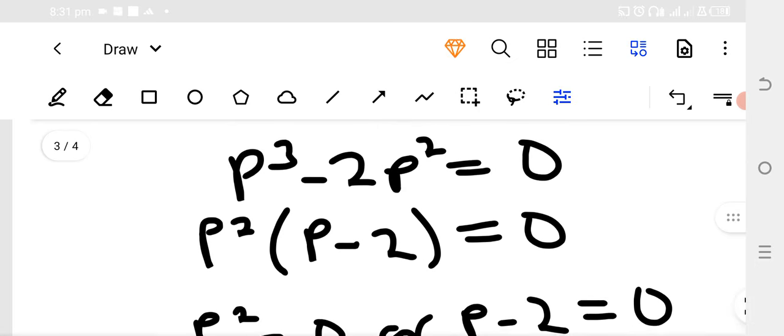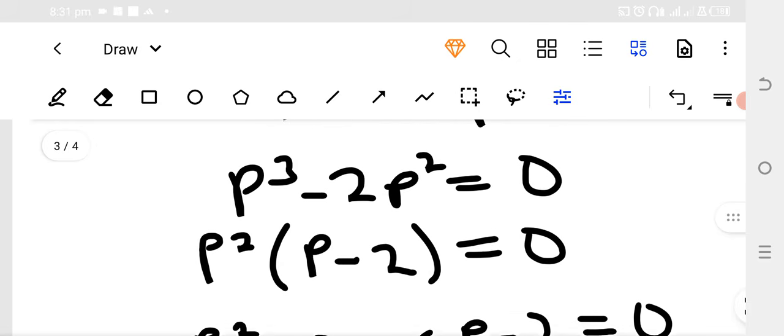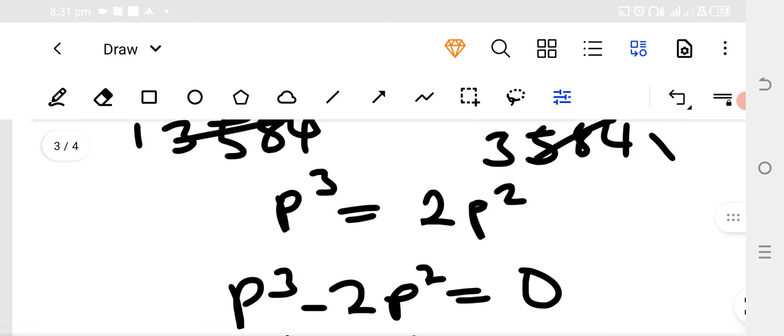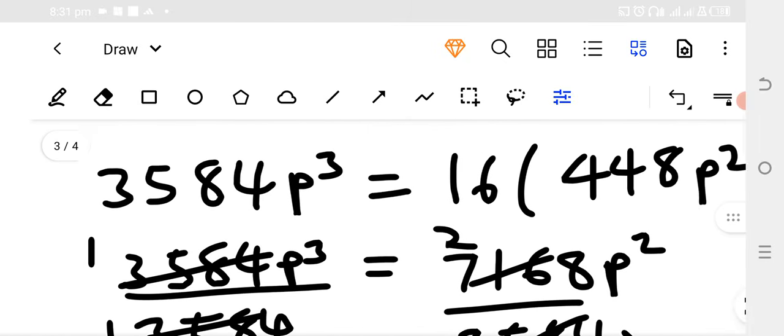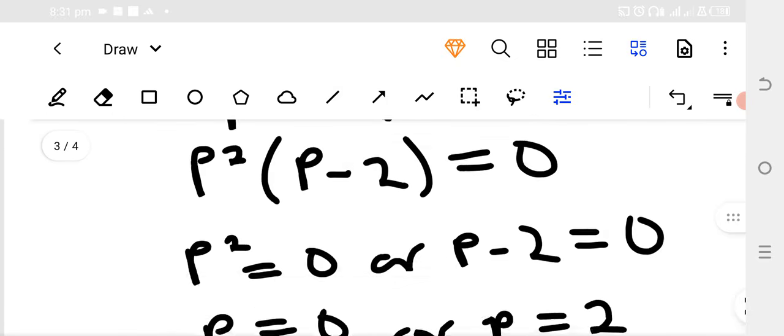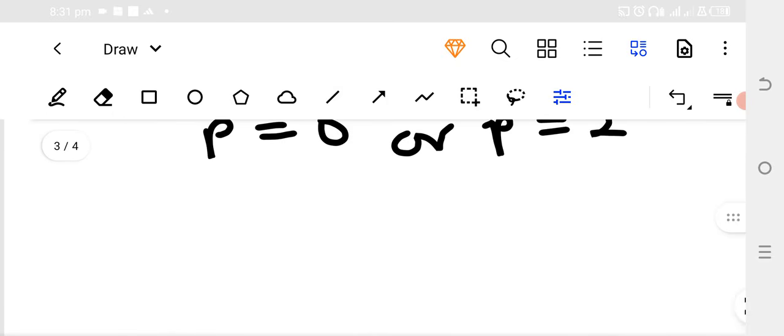So substitute 0, you're going to have 0, right? It's like the equation proves itself. But if p is 0 here, you're going to have 0.